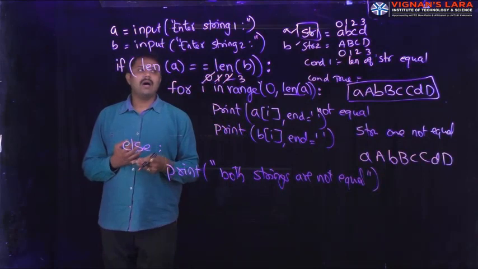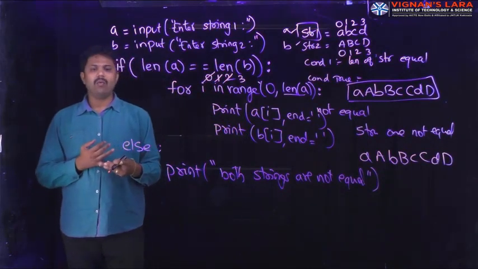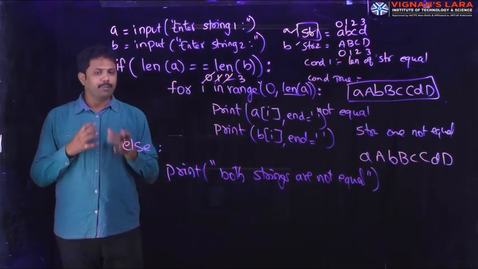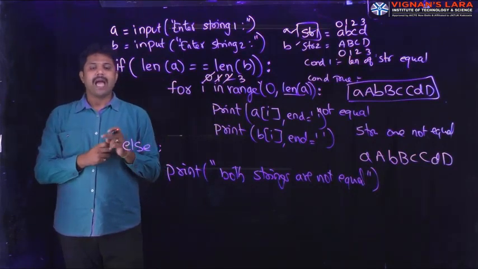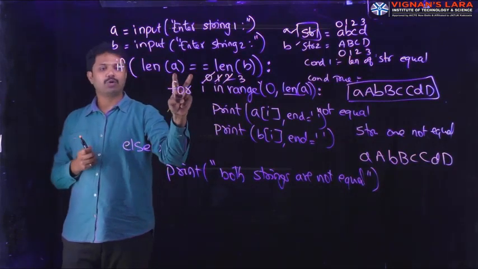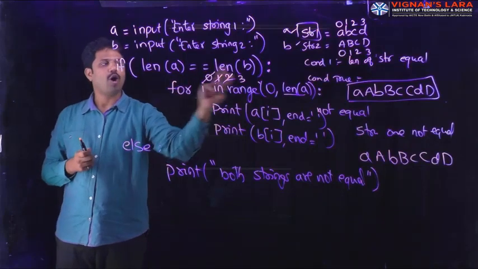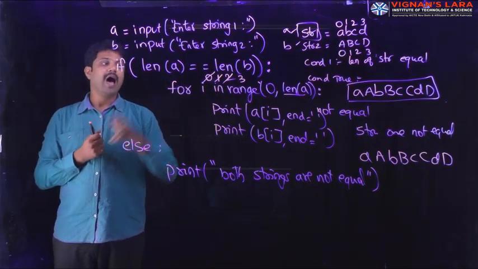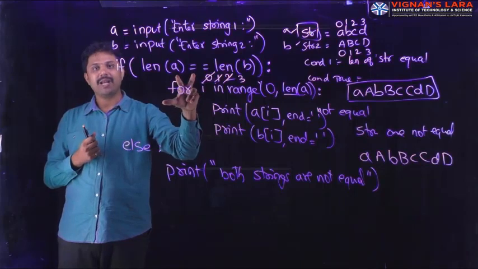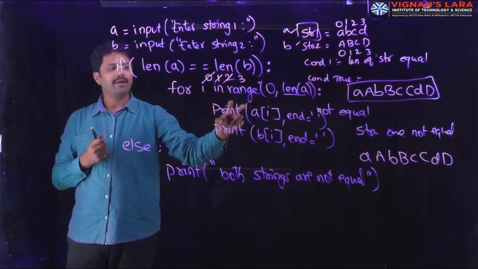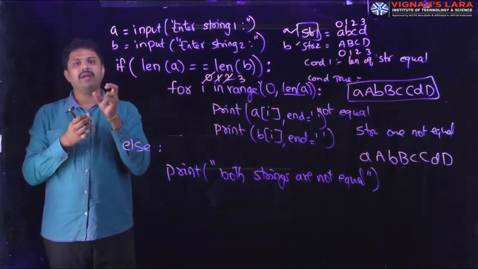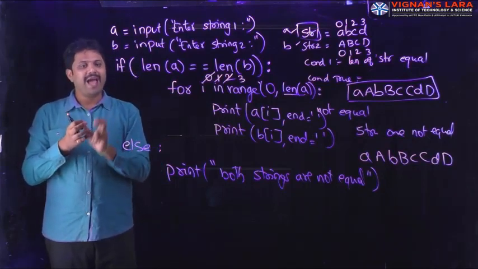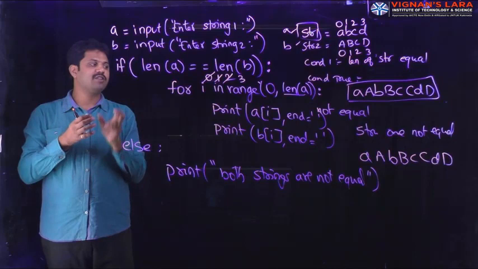Okay, this is the next program. We have to take two inputs. I'm taking two inputs by using the input method, and I check the condition whether the two strings are of equal length or not. After checking this condition, I print the first character in the first string and the first character in the second string together.